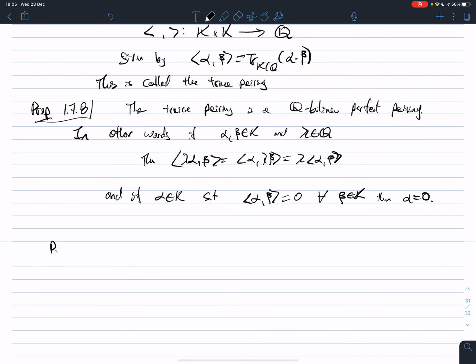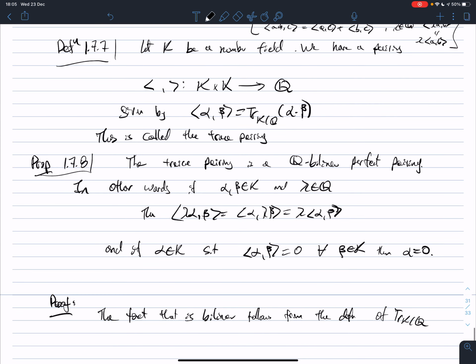So what's the proof? The fact that it's bilinear follows from the definition of the trace K over Q. We checked that the trace was linear, so just go back to the definition.